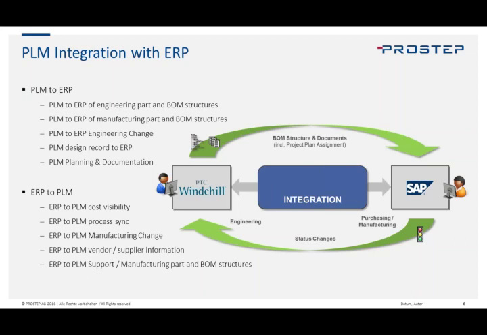We see it both ways that go back and forth. But typically that starts with the engineering structure, and then that's cloned, and then might be pushed over to the ERP. Change control certainly goes both ways, and so you're going to need feedback from engineering and from manufacturing about these changes, and this is a big situation for integration.